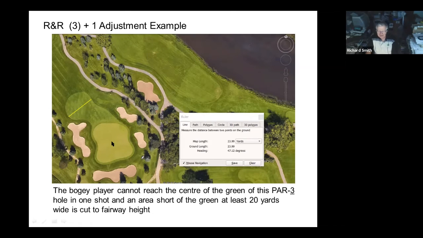Here, you can't tell, of course, from this slide that this is a par 3, but it is. And in this case, there is an area here. It's cut like a fairway, and it's about 24 yards wide. So in this case, the bogey that can't make it to the middle of the green here.